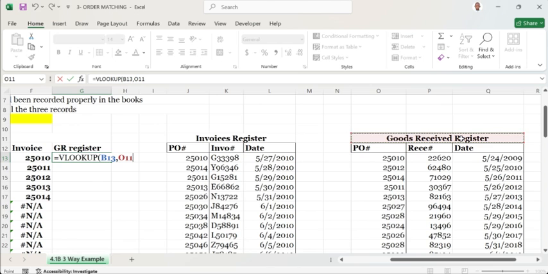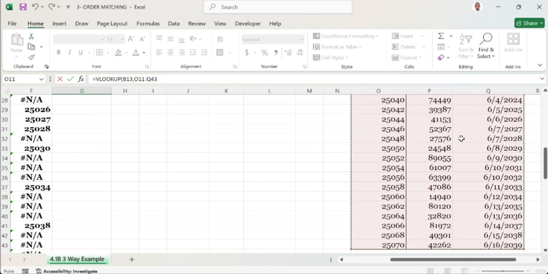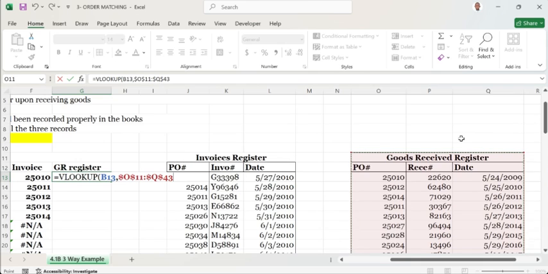So in other words, the figures that are true. If you look here, we have 25010, 25010, we have 25014, 25014, there is 25013, 25013, 25014, 25014.